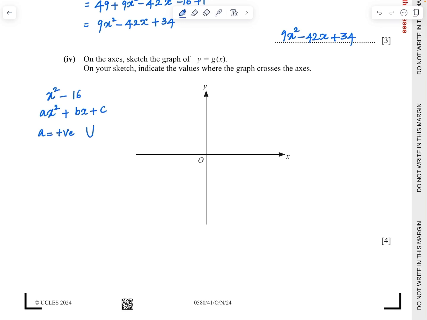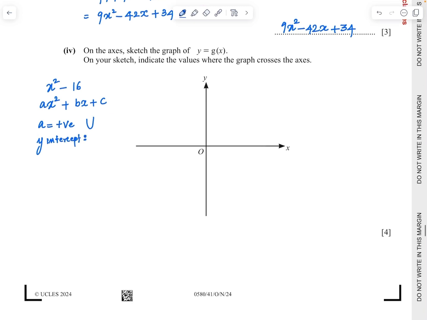Then the next key point is let's get the y-intercept, making x is equal to 0. So if we make x is equal to 0, y becomes minus 16. So the y-intercept is 0 comma minus 16.